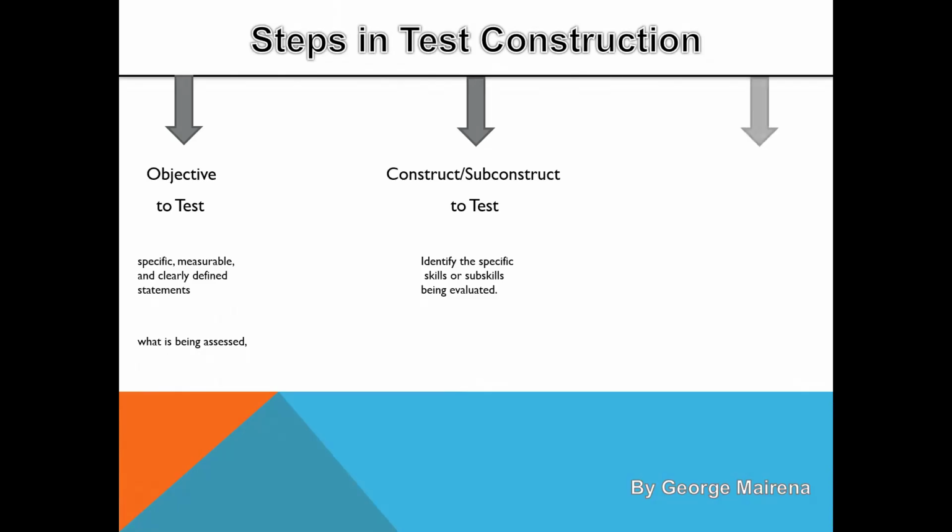Another important step when constructing a test, folks, is the item type. Here, we need to select the appropriate question format based on the construct. The items must be objective or subjective.